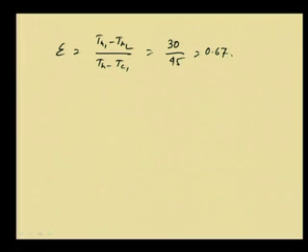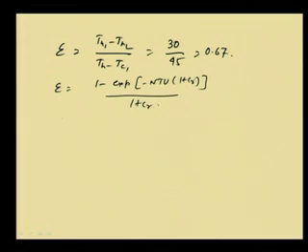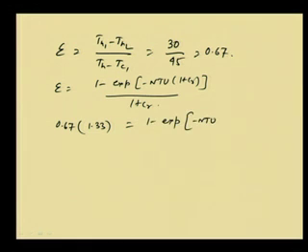For parallel flow, effectiveness is 1 minus exponential minus NTU into 1 plus Cr, divided by 1 plus Cr, as we have just seen. Here 0.67 will be equal to 1 minus exponential minus NTU into 1.33. So, from here we can find out NTU is equal to 1.67.